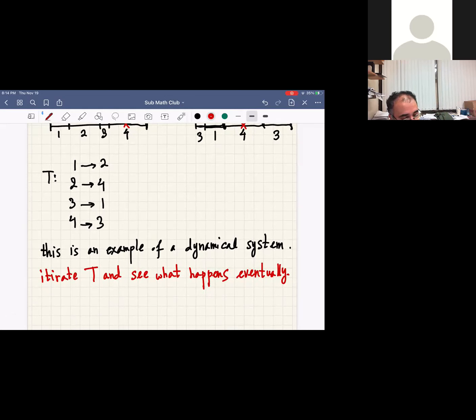For example, when you're watching a particular part of Earth and monitoring the weather there, that's also an example of a dynamical system.